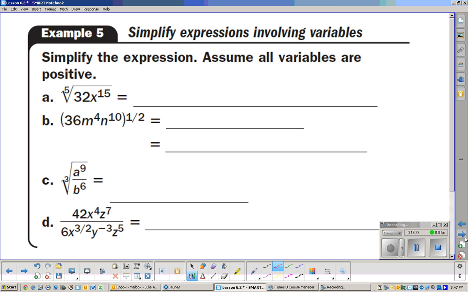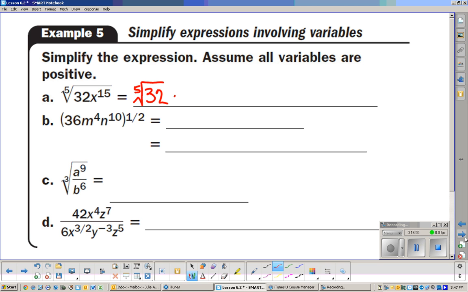All right, so now let's move into variables. How are you going to simplify when you have variables? Well, what I always do when I have variables is I think if all else fails, convert everything to fraction exponents, and all of a sudden the variable problems don't seem quite so hard. So I'm going to separate off, and first of all, I'm going to deal with the fifth root of 32.